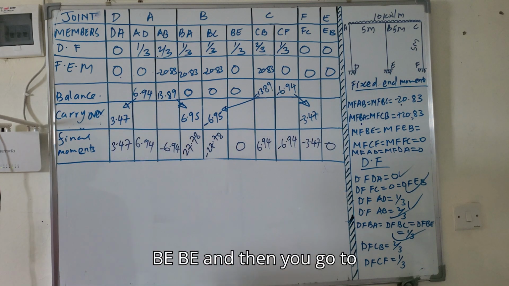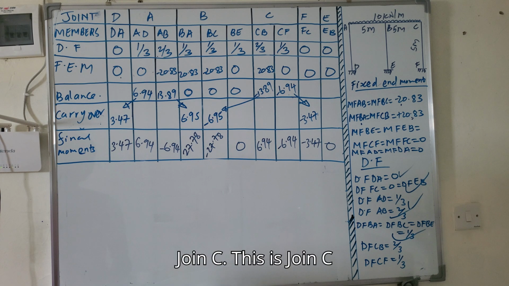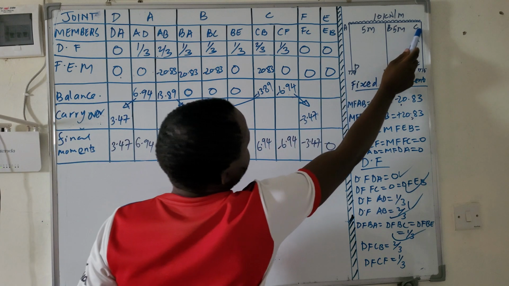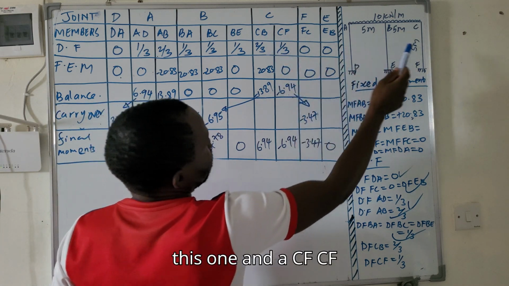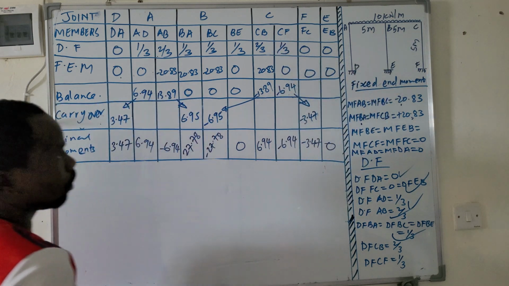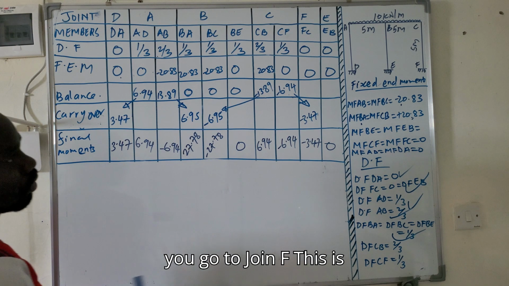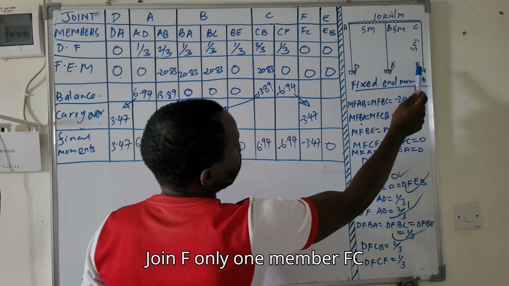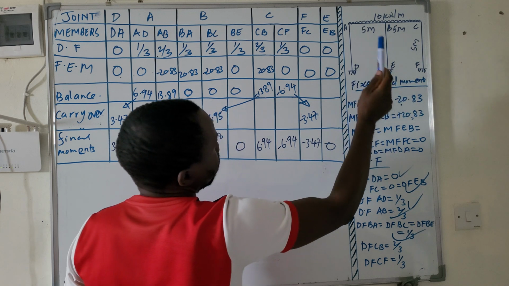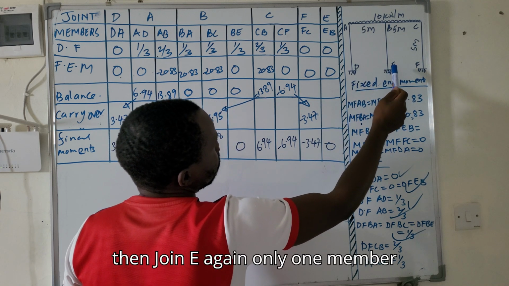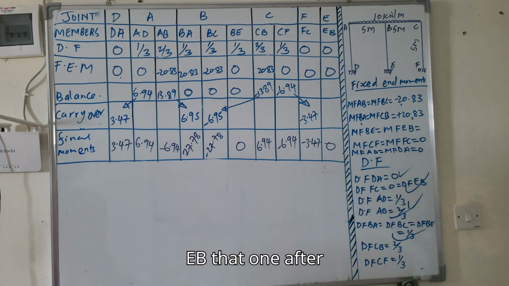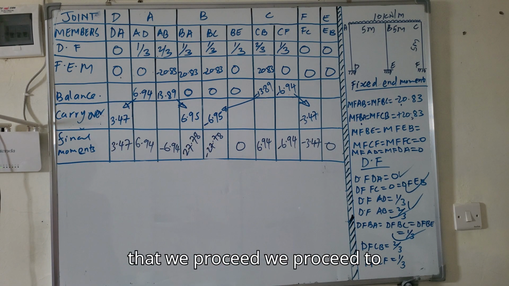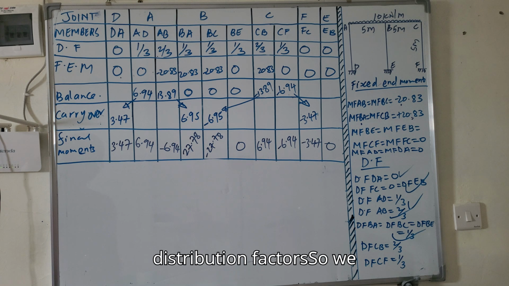Then you go to joint C. Joint C has members CD and CF. You go to joint F, which has only one member, FC. Then joint E, again only one member, EB. After that, we proceed to distribution factors.